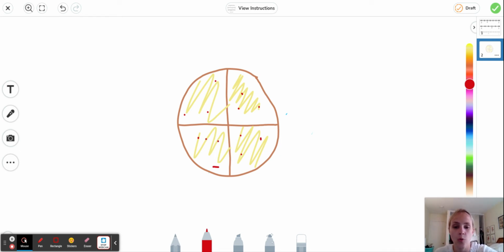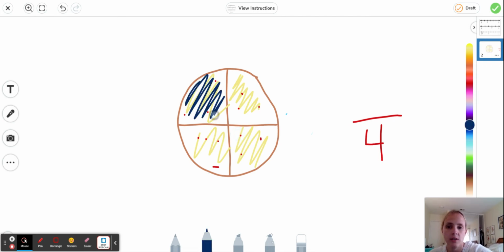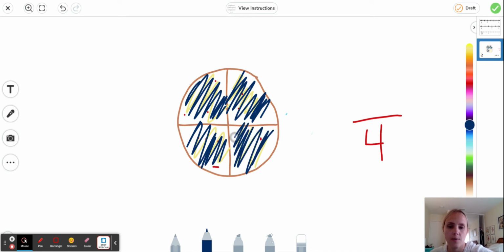It is split into 4 total pieces. So the total amount is 4 pieces of pizza. If I eat all 4 pieces of pizza, 1, 2, 3, 4, I have eaten 4 pieces out of 4 pieces. I have eaten 1 whole pizza.